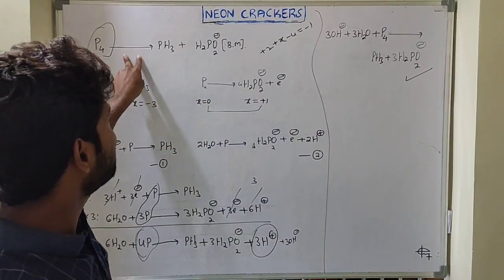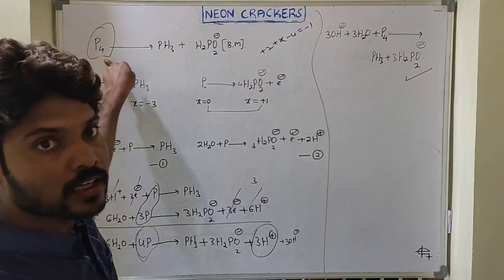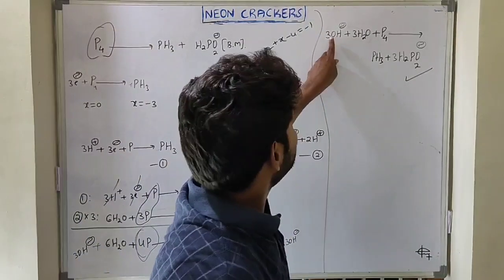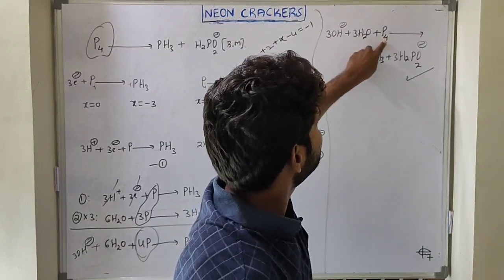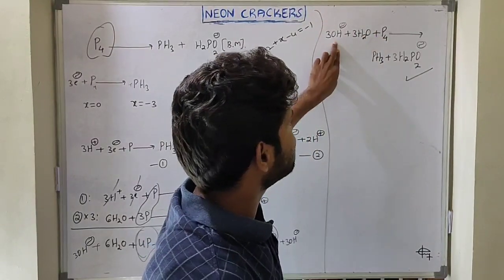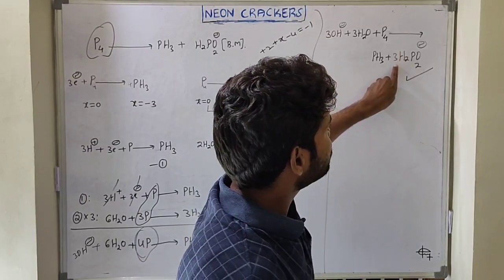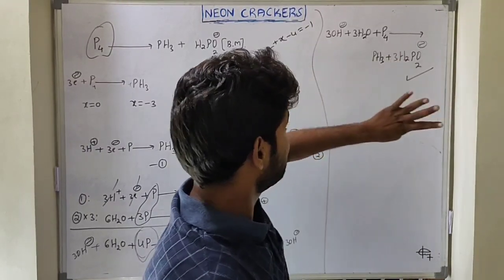So this is the balanced redox reaction of a polyatomic molecule. Again, after doing this, we have to check. Charge: on the left side the overall charge is -3, and here 0 for the single ion, so 3 moles are there, -3 and -3 balance.